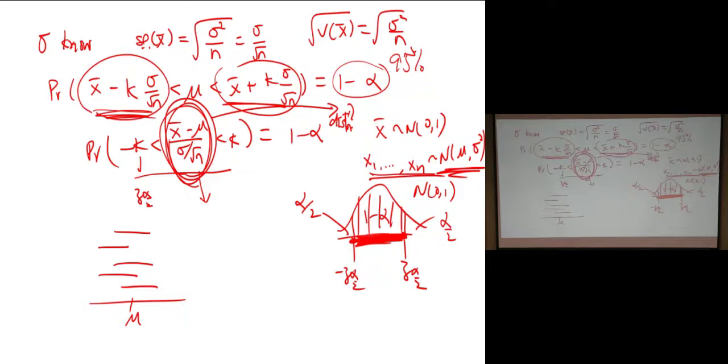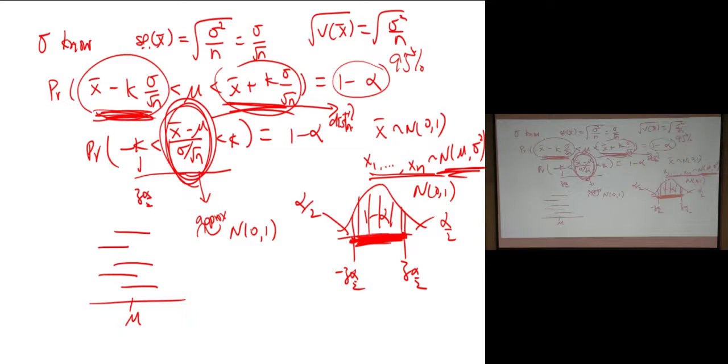The answer is, we don't know the distribution, but if your sample size is big enough, then x bar minus mu over sigma over root n will approximately follow a standard normal distribution. So in other words, I can still use the same random interval, this formula.